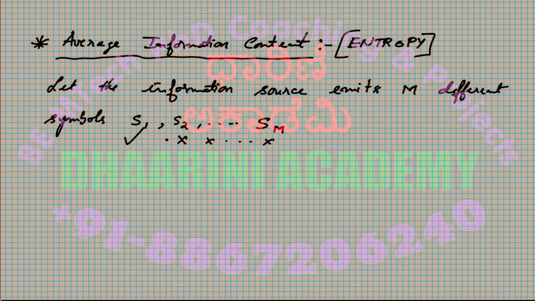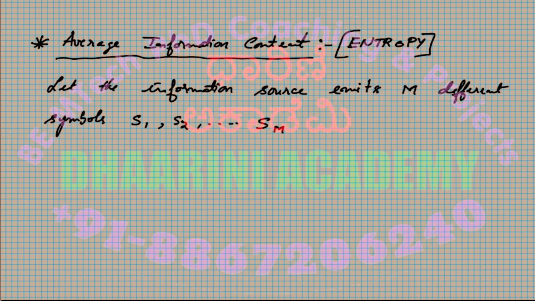A statistically dependent case is that after S2, S1 will occur. Once S2 happens, immediately next S1 will happen. If that is the case, it is statistically dependent. But now what we are saying is that it's statistically independent. I just have to mention that because the occurrence of a symbol is independent of the other symbols, we call it statistically independent.